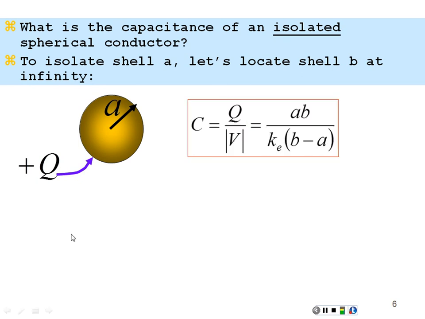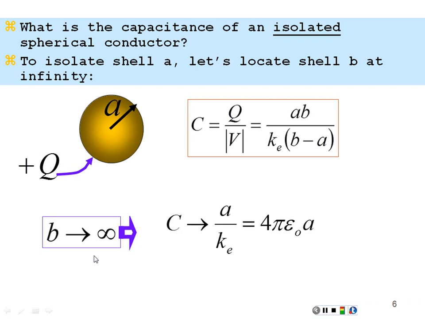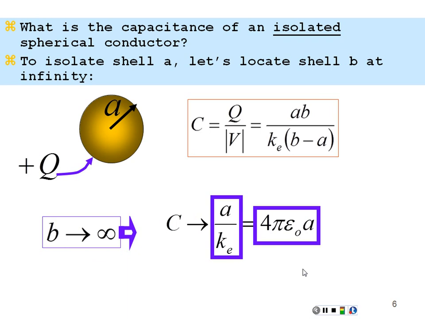Let's take our result from the nested spheres, and we're going to make B approach infinity. Now when B approaches infinity in this fraction, we're going to have A times infinity over K times infinity. And believe it or not, infinity divided by infinity is actually 1. So we're going to have that the capacitance will approach the value of radius A divided by K. How about that?